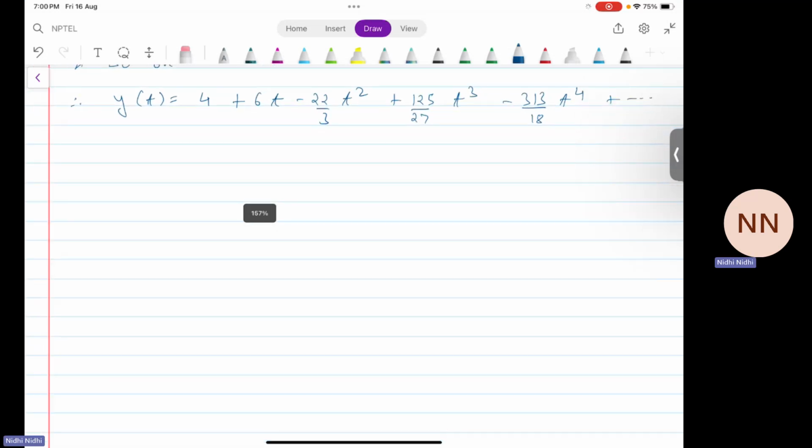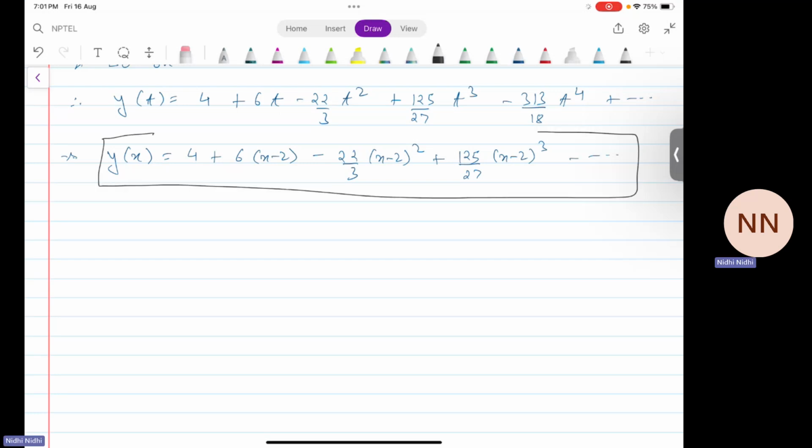Now what was t? t was x minus 2. So we have y(x) equals 4 plus 6(x minus 2) minus 22 by 3 (x minus 2) square plus 125 by 27 (x minus 2) cube, and so on. So this is our power series solution to the given initial value problem.